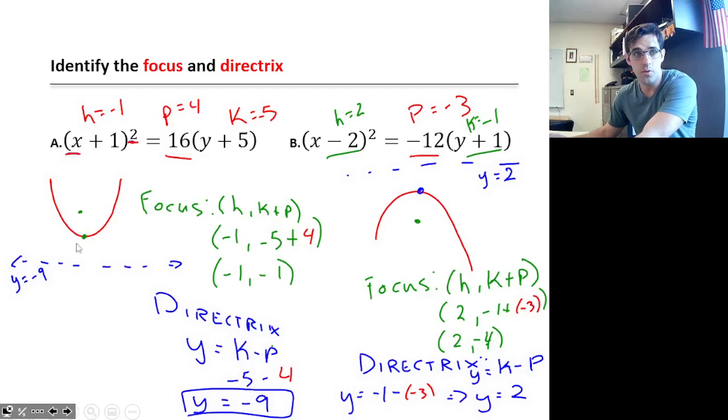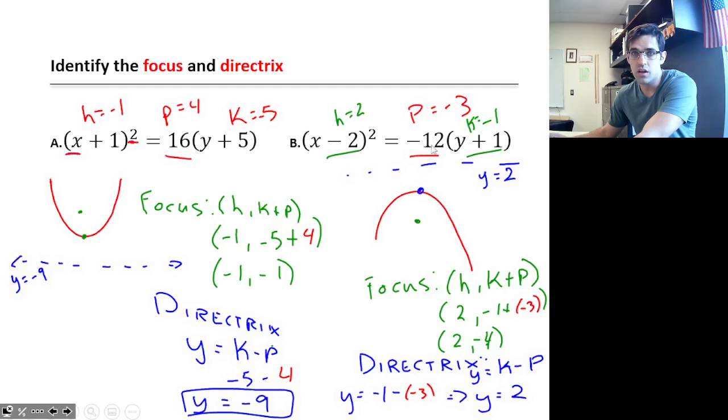If I go up 4, so take the -5 and add 4, I get the focus, (-1, -1). If I take k, the y value of the vertex, and I go down 4, then I get the equation of my directrix. So if the k value is -5, I go down 4, I'm at -9. So y equals -9 is the equation for this horizontal line that we call the directrix.